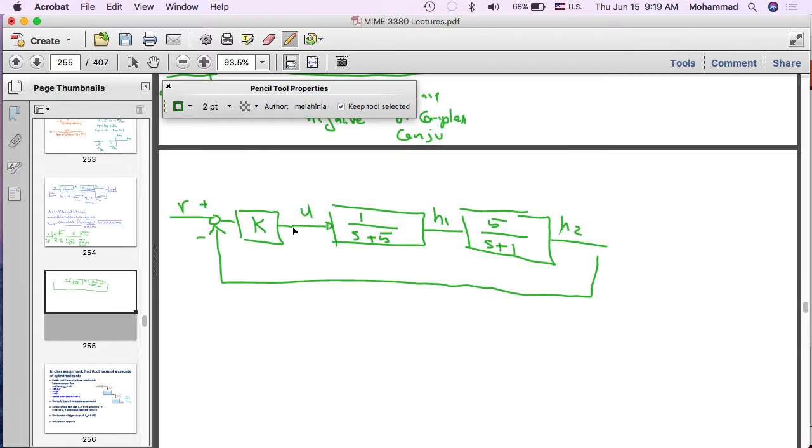The first tank shows an interesting phenomenon. See, it goes up and then comes back down. And the second tank goes up without any oscillation, still nowhere close to 1. So it's better than K of 0.1, but we haven't reached 1, which is the desired level of the second tank.